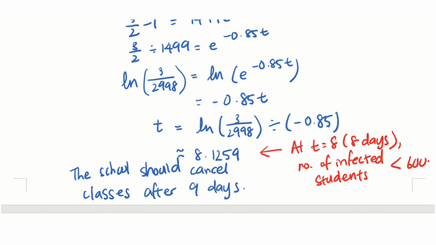We should be choosing 9 days and not 8 days. We need to be very careful in the way we do rounding or make a decision here, because in this case we are not trying to round off, we are trying to make a decision according to the context of the question. I hope you understand what I'm trying to say. So that's it for this question.